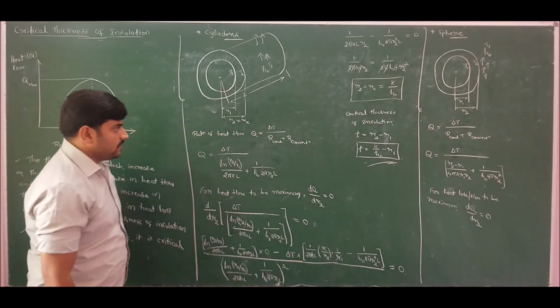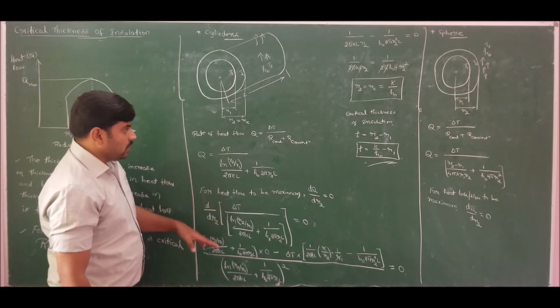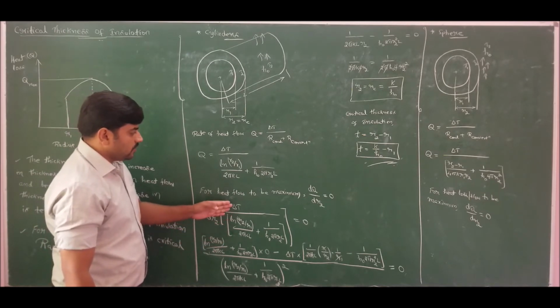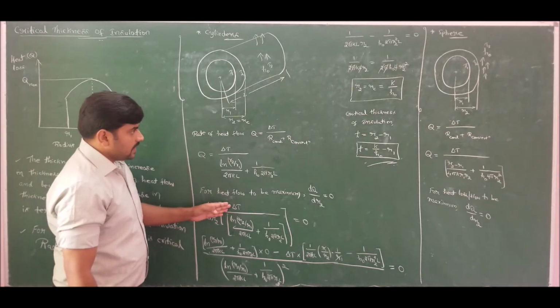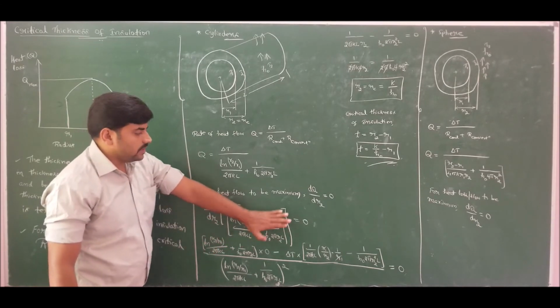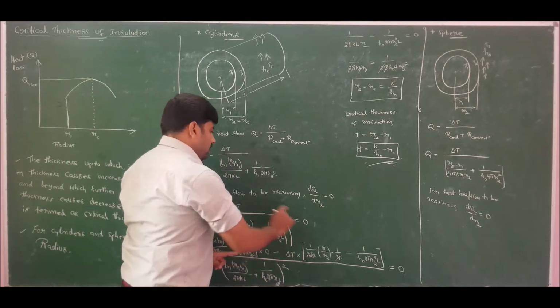So this is also of the form quotient rule. We observed that instead of applying the quotient rule, that is denominator square into differentiation of numerator minus numerator into differentiation of denominator, differentiating the denominator and equating it to 0 will yield the same answer. So directly I will differentiate the denominator and equate it to 0.